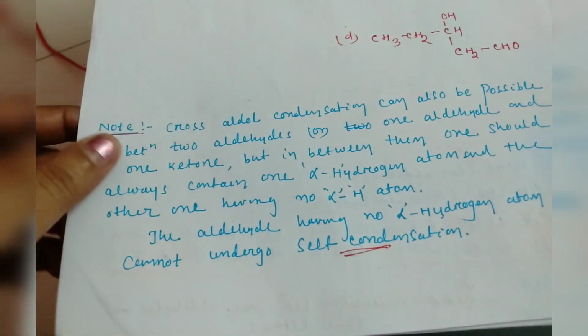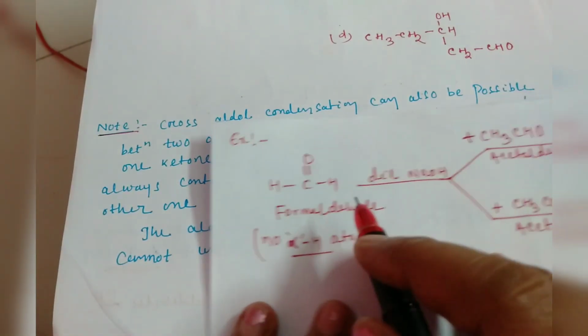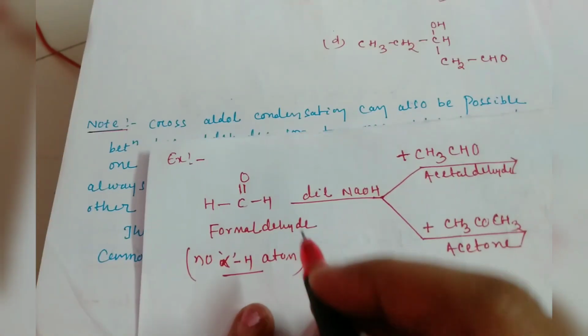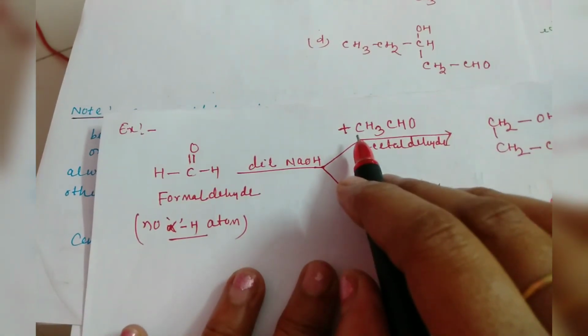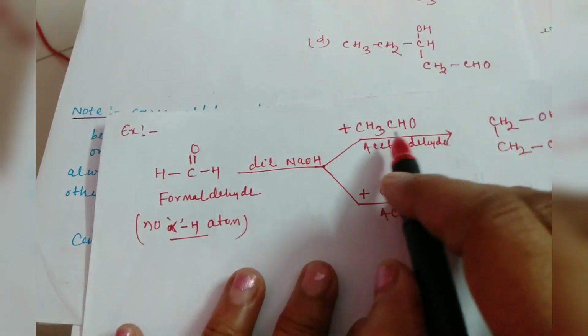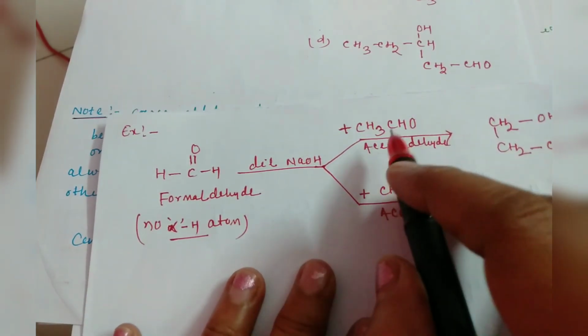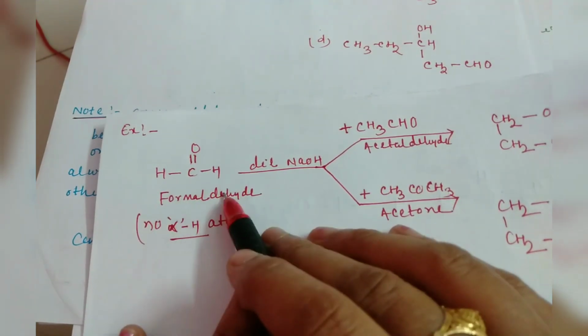Okay, so suppose see here, this is the example. If I write formaldehyde having no alpha hydrogen atom, when formaldehyde reacts with acetaldehyde, where there is an alpha carbon and alpha hydrogen, so this is one example of an aldehyde having alpha hydrogen atom, and this is an example of an aldehyde having no alpha hydrogen atom.